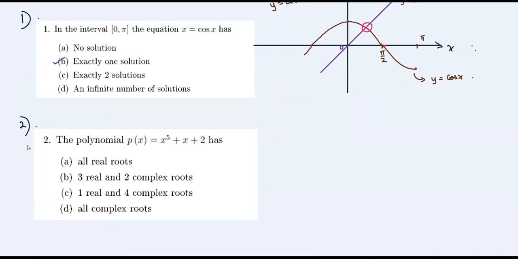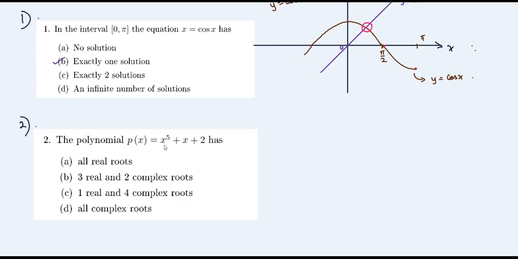The polynomial p of x is x power 5 plus x plus 2. Does it have all real roots, 3 real and 2 complex roots, 1 real and 4 complex roots, or all complex roots? So how do we identify the nature of a polynomial? Polynomial equations are very important.